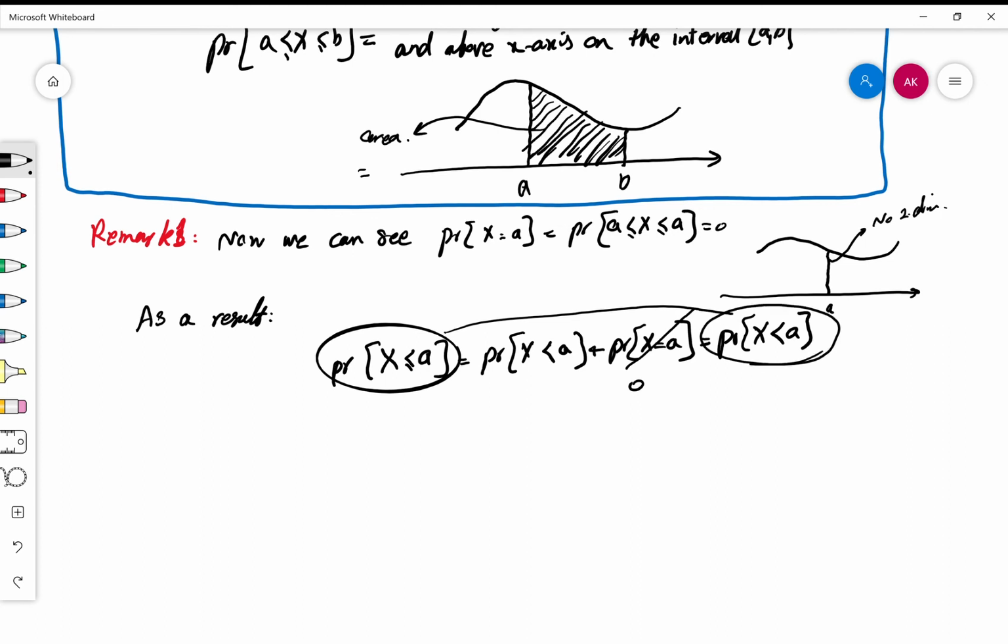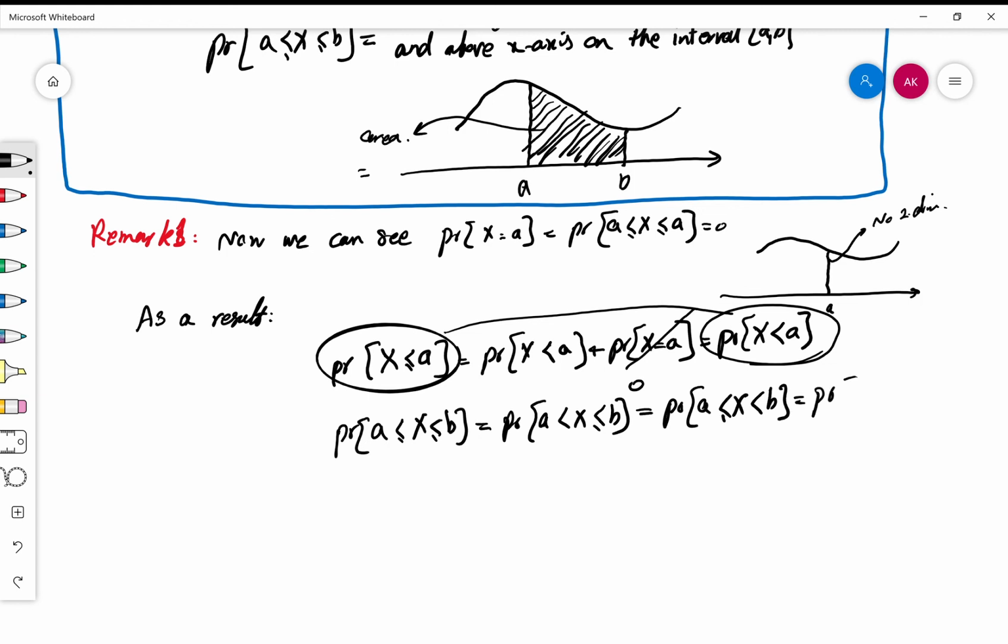And similarly, you have probability of x being between a and b is the same thing as probability of x being strictly bigger than a and less than b, or it is the same thing as x is strictly less than b and bigger than or equal to a, and it is the same thing as this.